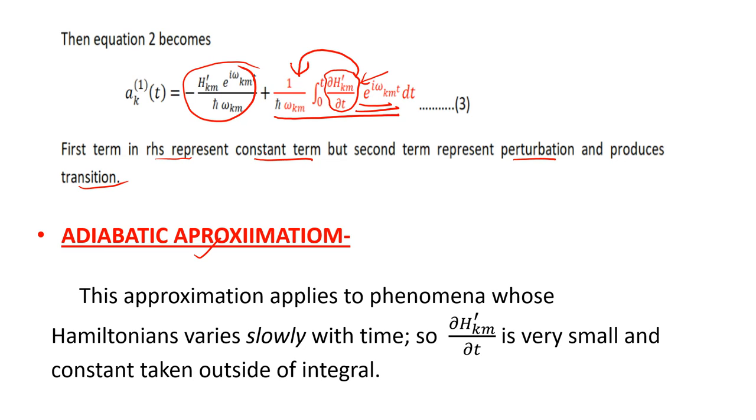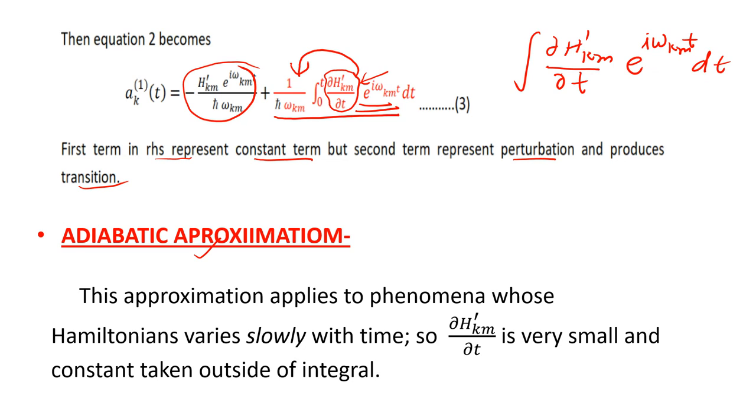Del H dash km upon del t is the rate of change of the perturbed Hamiltonian, and this is i omega km t, the exponential term.